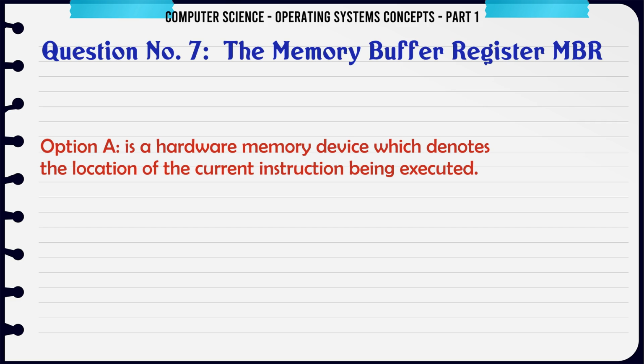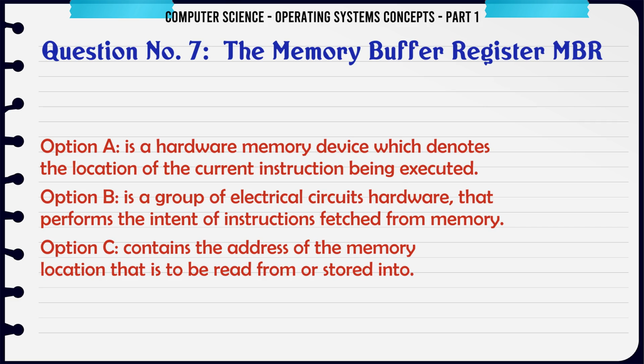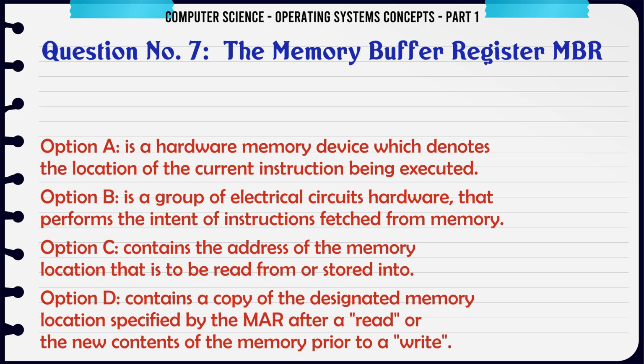The memory buffer register, MBR: A. Is a hardware memory device which denotes the location of the current instruction being executed. B. Is a group of electrical circuits hardware that performs the intent of instructions fetched from memory. C. Contains the address of the memory location that is to be read from or stored into.